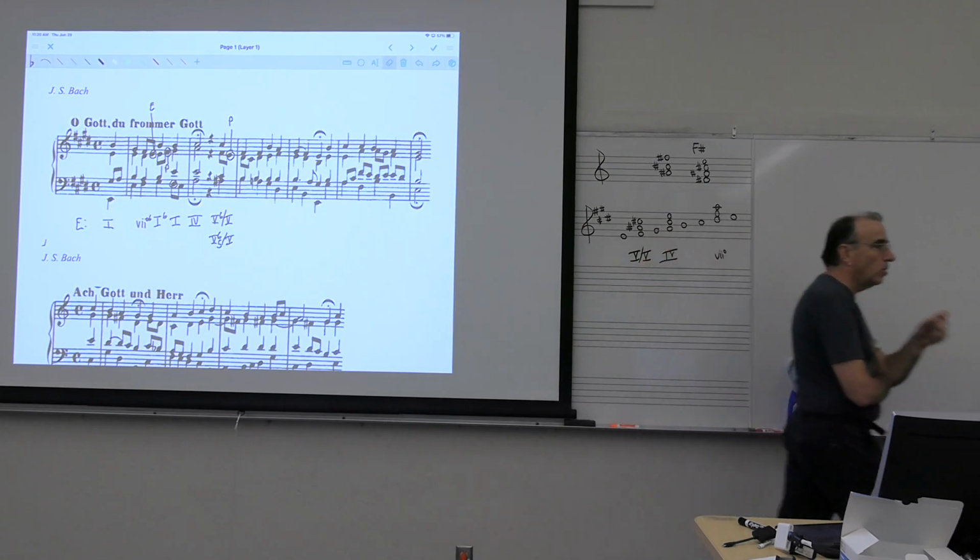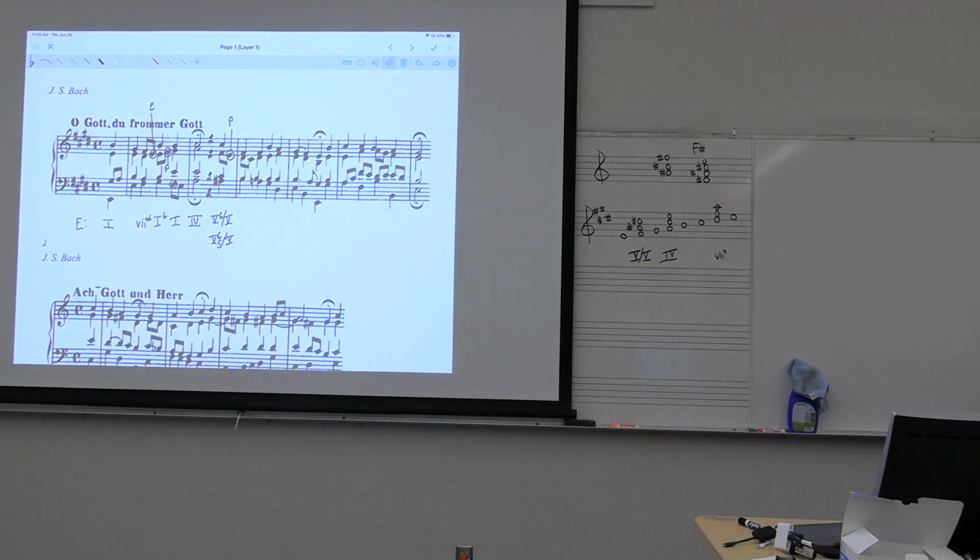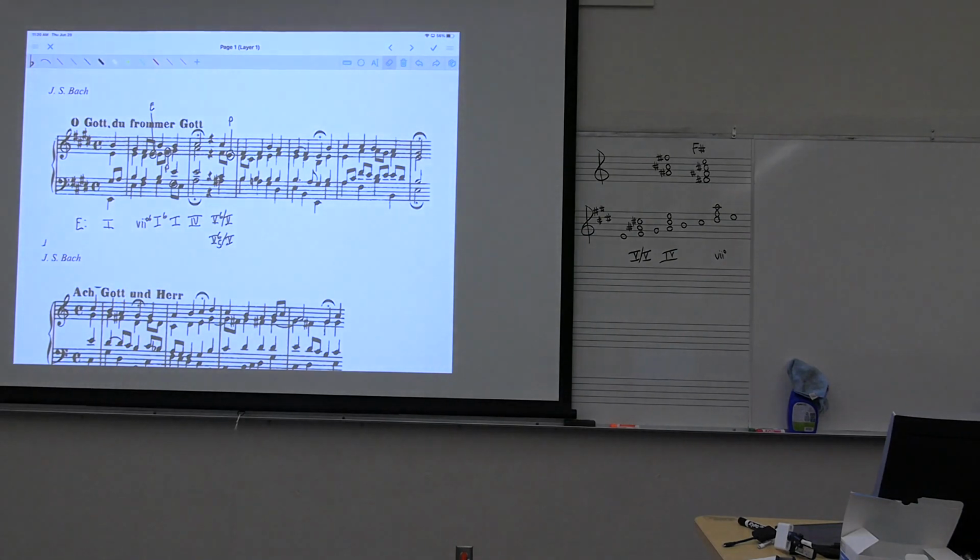If you heard that as a seventh, like triad and seventh, then the resolution, or if you just heard a passing tone, then it depends on how you hear it. And I think people would hear that in different ways, quite honestly.